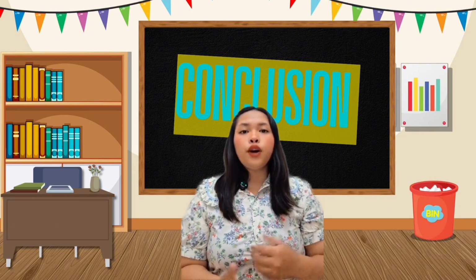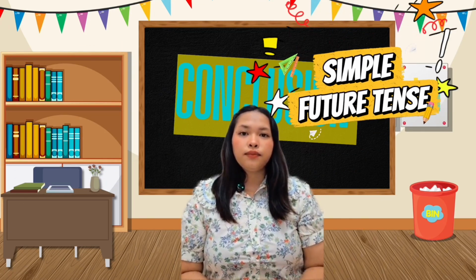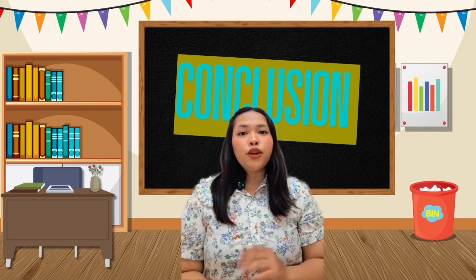So, whenever you want to talk about something that will happen in the future, you can use the simple future tense. You can use either will or be going to, depending on the meaning and the situation. So keep practicing and don't be afraid to make mistakes. The more you practice, the better your English will become.